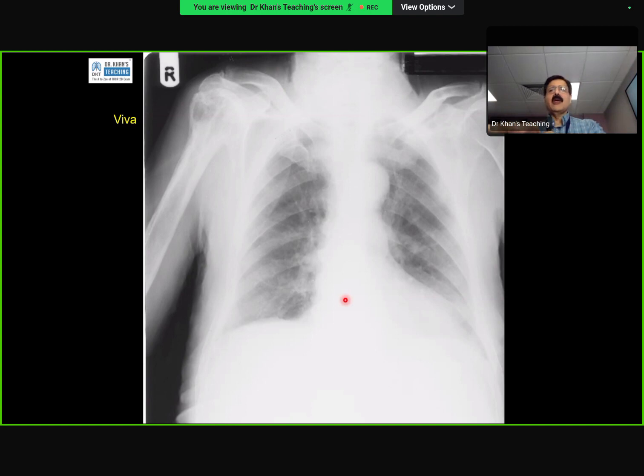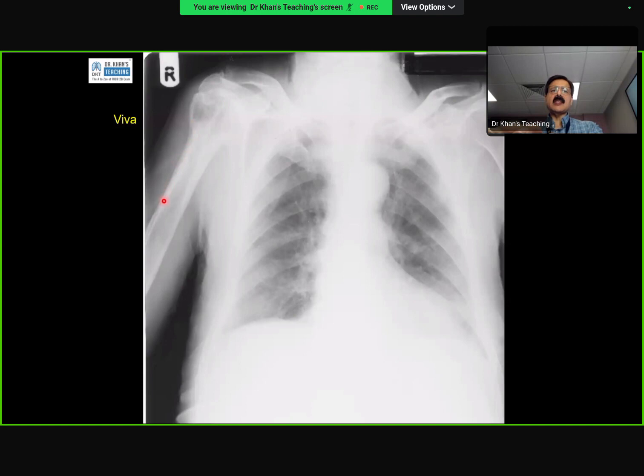Okay. Now, this patient, this was an incidental finding on this chest X-ray. The patient had some other symptoms for which chest X-ray was done. Now, if you look carefully, what has happened? We can see this coarse trabecular pattern, we can see this lucency. If you compare this cortex here and compare it with this one, you will agree that this is thickened and it is going till the edge of the bone.